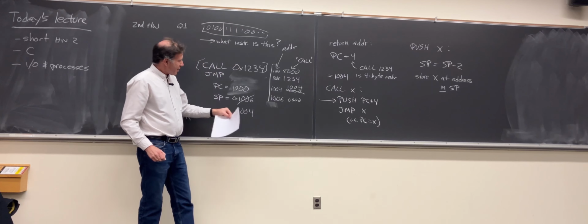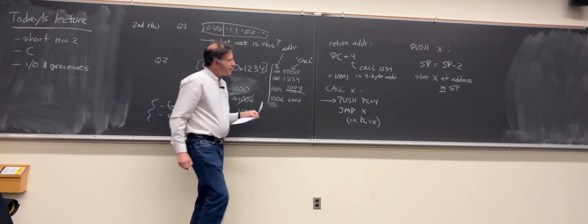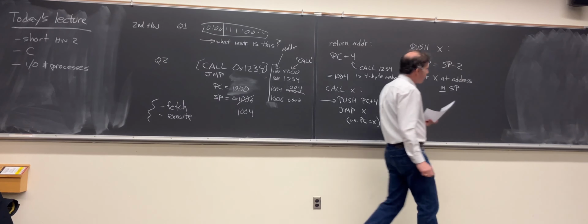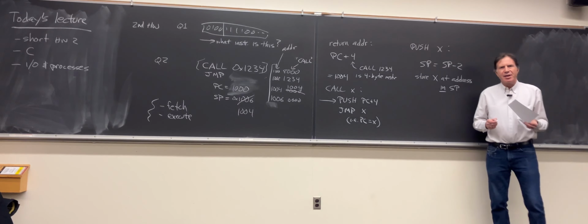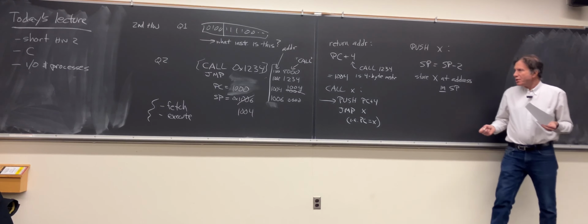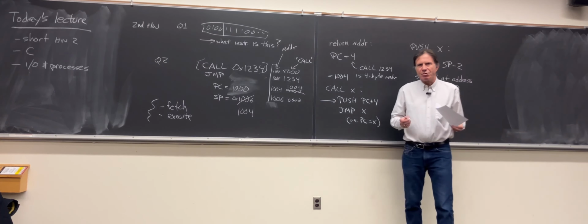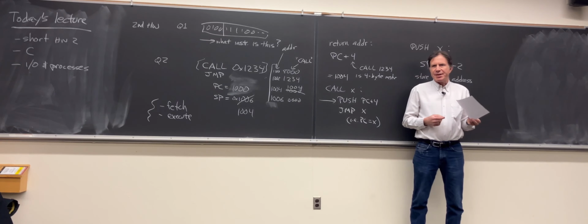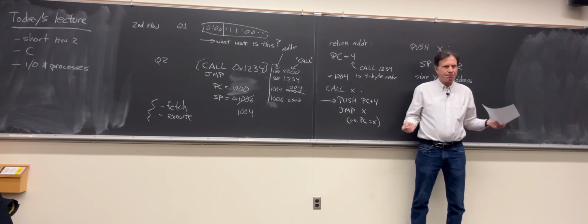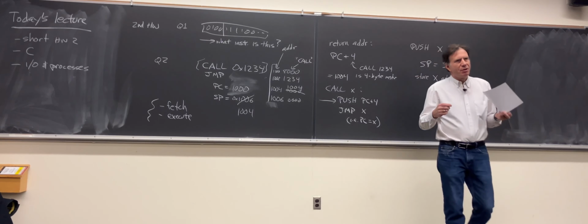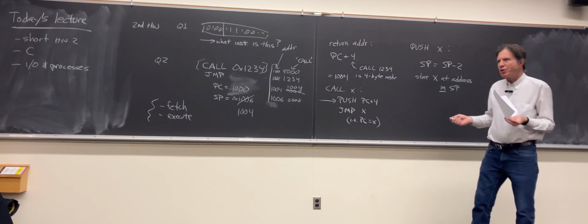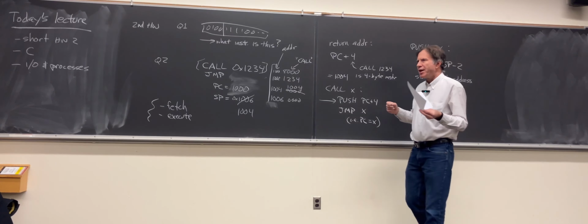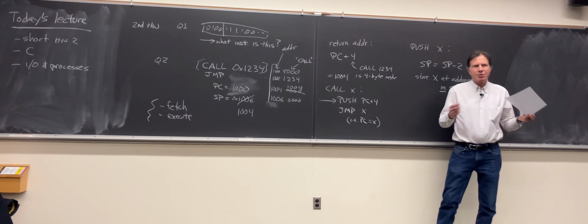So that's how call works: it pushes the address of the next instruction onto the stack, and then it jumps to the function. At the end of the function, we'll use the return instruction, which pops an address off the stack and jumps to it.